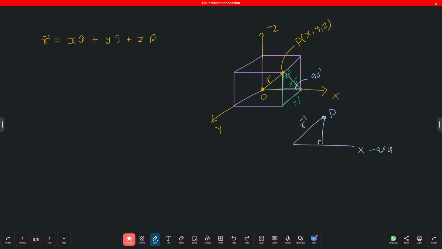Suppose this r vector makes alpha angle. Remember direction cosines: r vector makes alpha angle with the x-axis, beta angle with the y-axis, and gamma angle with the z-axis.